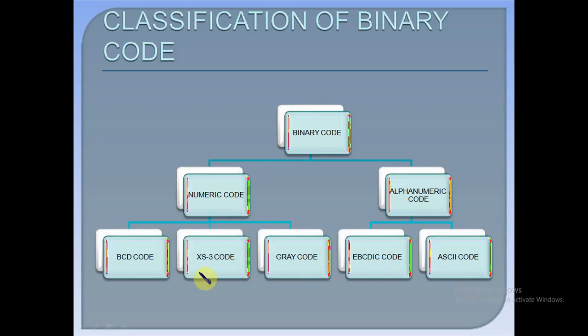For example, 8421 is the BCD, and when you add 0011, you get the XS3 code. XS3 is also a sequential code because we get any code word by adding binary 1 to its previous code word.